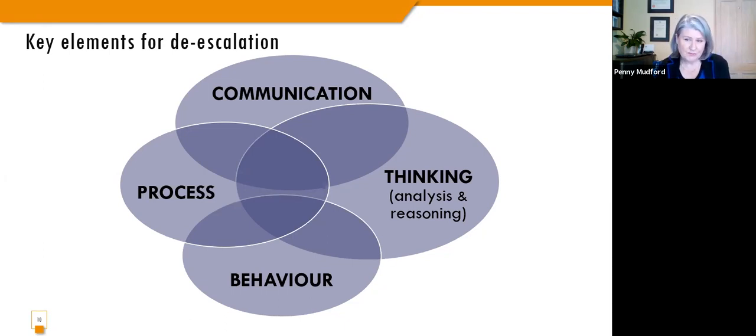Is there a communication problem? Is there a process problem? Is there a behaviour problem? The thinking part is what we do to work out what then do we need to do to de-escalate the conflict or the disagreements that are taking place?